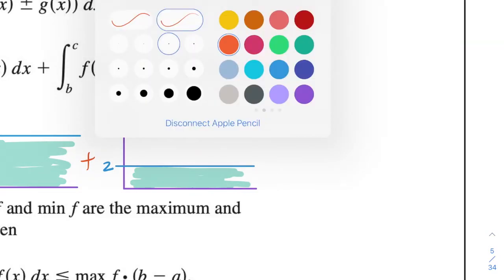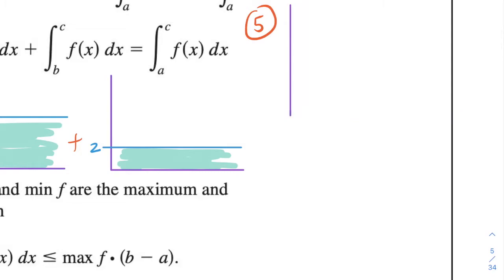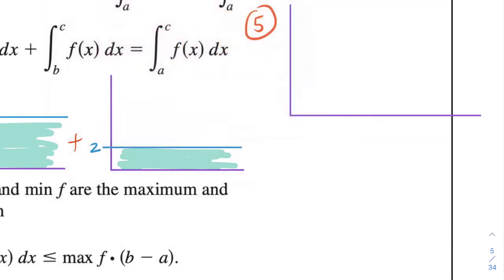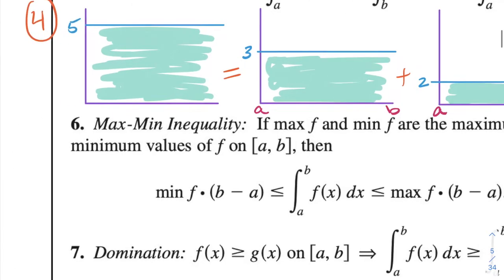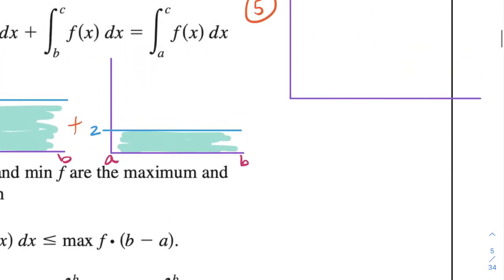Everything that's happening from A to C. And I'll call this one A to B, assuming that that's where it stopped. So I'll call this one A, I'll call this B, and I'll call this C.